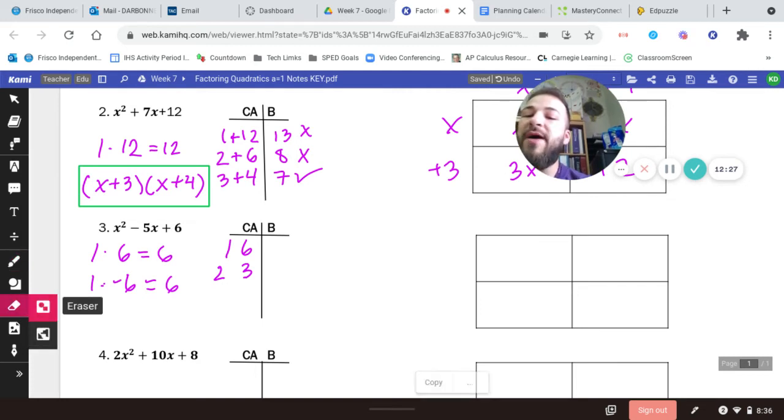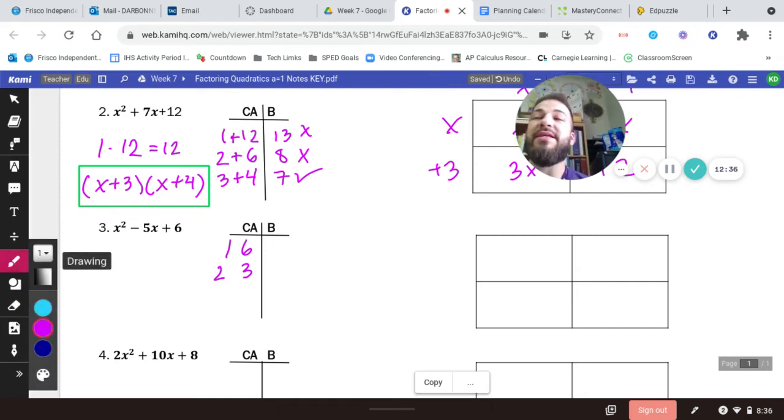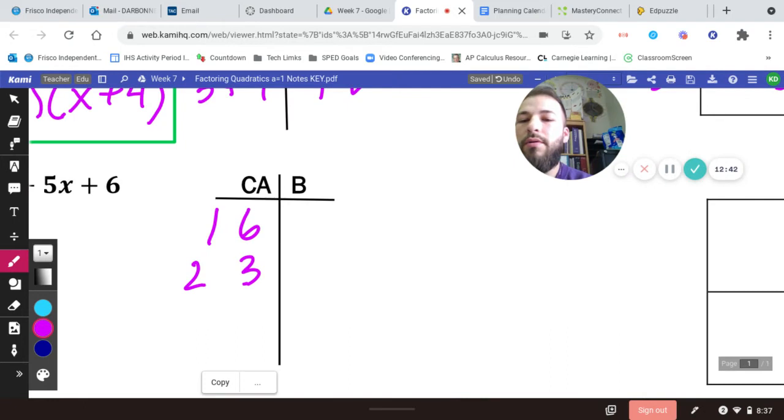So because my b value is negative, instead of listing the positive 1, 6, and 2, 3, we want to list the negative version of all of those. And then we are still going to add and check if they add up to b.